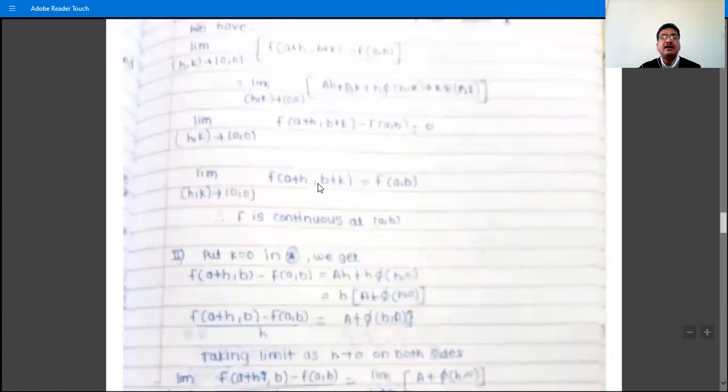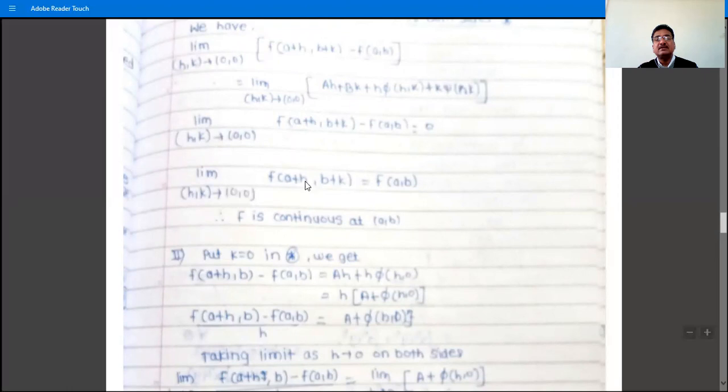This is another form of the definition. So what is our form of a continuous function? The limit as (x,y) tends to (a,b) of f(x,y) is equal to f(a,b). The limit as (x,y) tends to (a,b) of f(x,y) and the limit as (h,k) tends to (0,0) of f(a plus h, b plus k), these two are the same.